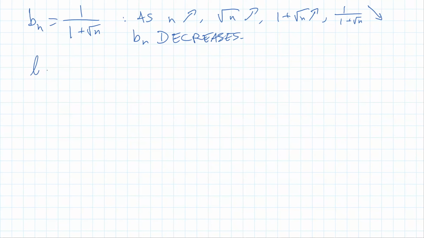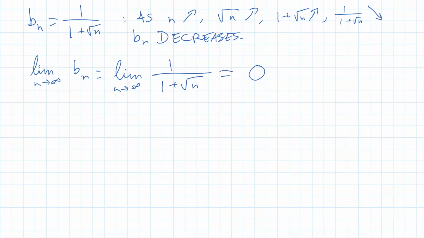Now let's do the second condition. Limit as n goes to infinity of b sub n is the limit of this fraction. And this does go to 0 because the denominator goes to positive infinity. So the limit is 0. Both conditions are met.